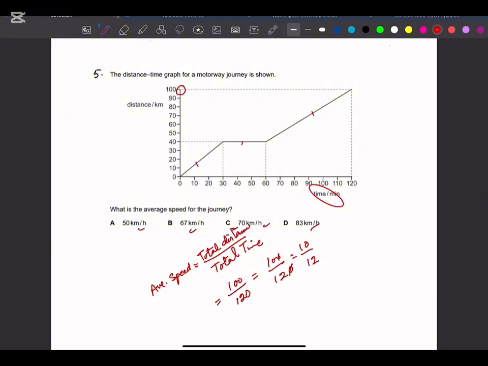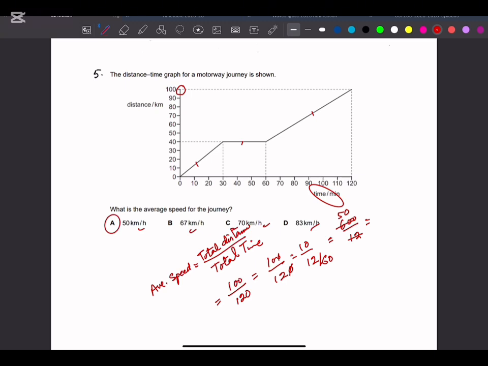So we have to consider that this 12 is not hours but minutes. So you have to divide it by 60 to get hours. So something like this you will get 600 divided by 12, and ultimately you will get 50. So this will be your answer.